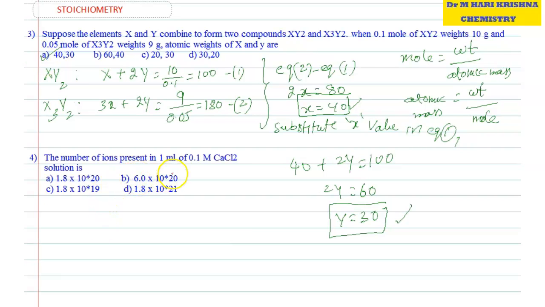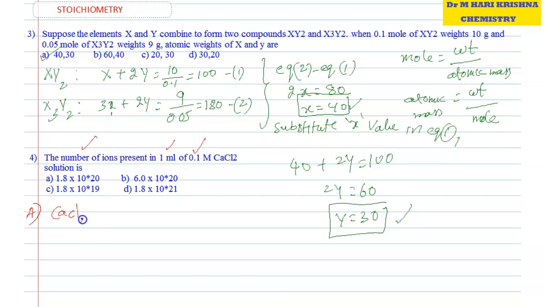Number of ions present in 1 ml of 0.1 molar CaCl2 solution. The concentration is 0.1 molar and the volume is 1 ml. So we have to find the number of ions. How to find the number of ions?